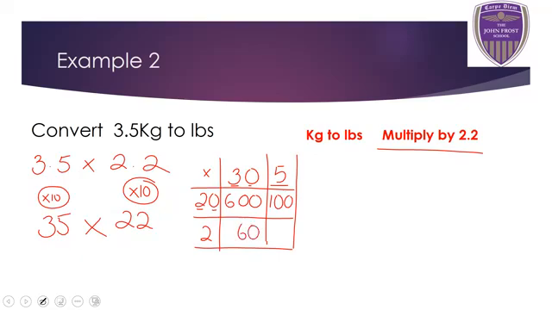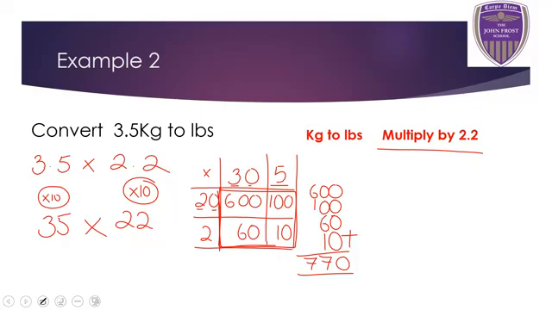And then you add the 0. 2 times 5, the last one, is 10. So when you've got a grid with 4 numbers, remember these are the numbers you're adding to get the total. So we'd have 600, 100, 60, 10 added together.